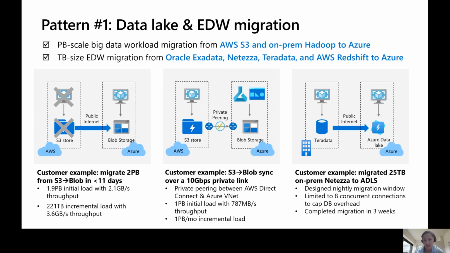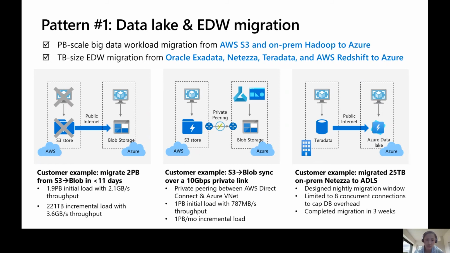Alternatively, they might be starting from a data warehouse appliance like Oracle Exadata, Netezza, Teradata, or AWS Redshift. So their first step is to migrate the existing lake and data warehouse, and also set up incremental pipelines to keep the data lake in sync.